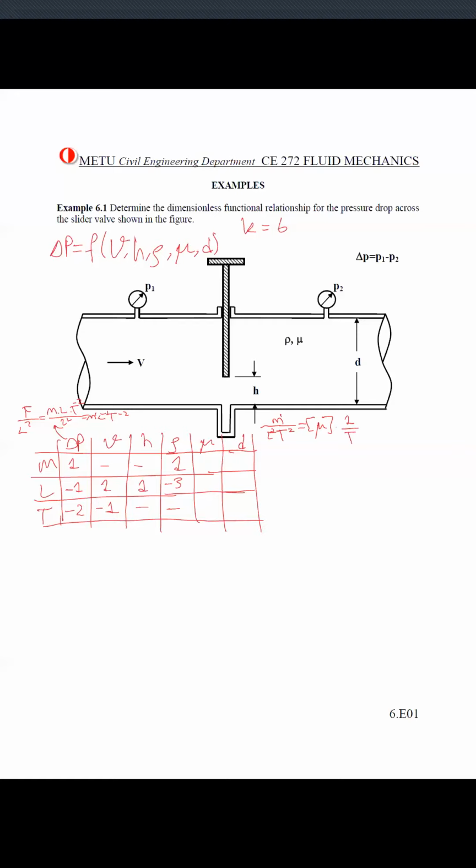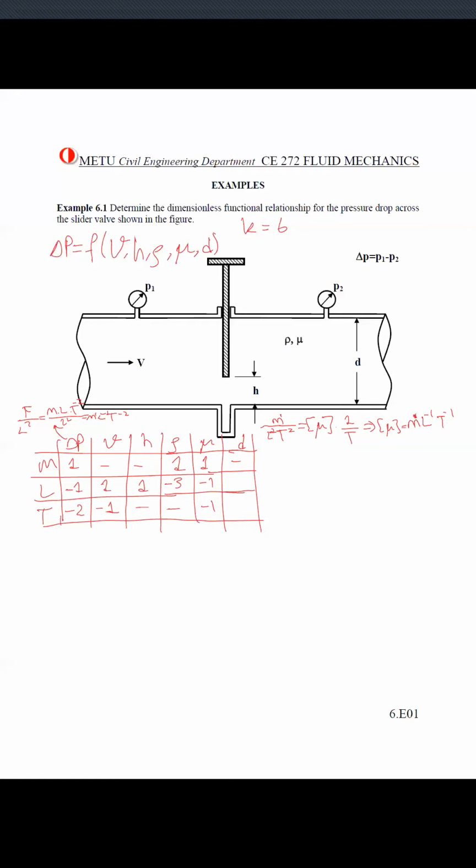So from here the dimension of viscosity will easily be M to the power 1, L to the power minus 1, and T to the power minus 1.